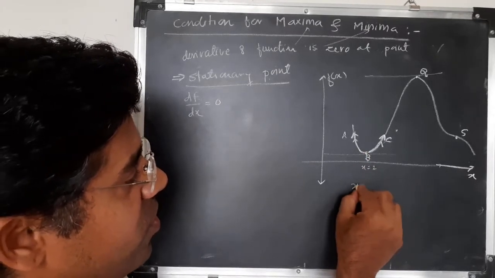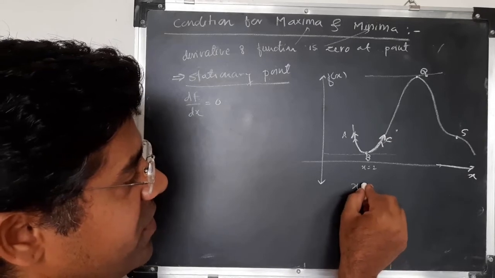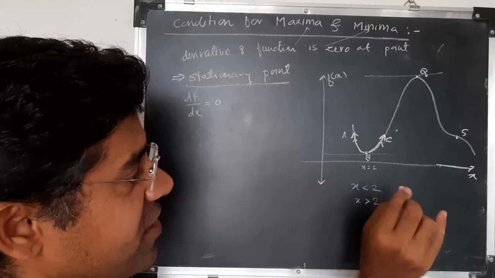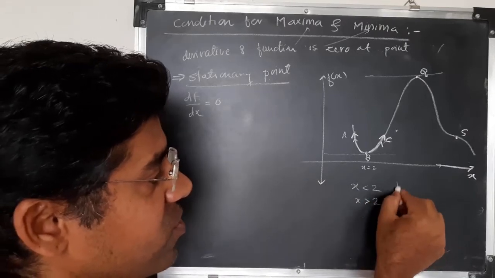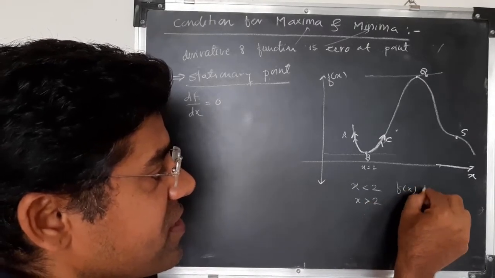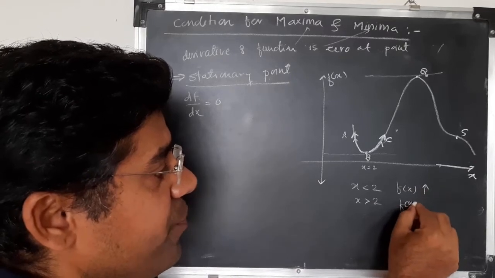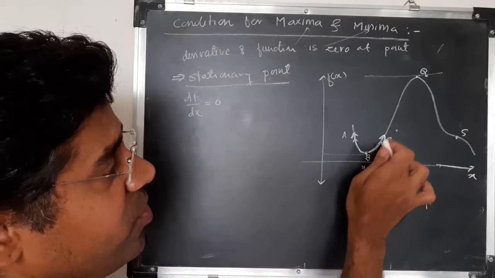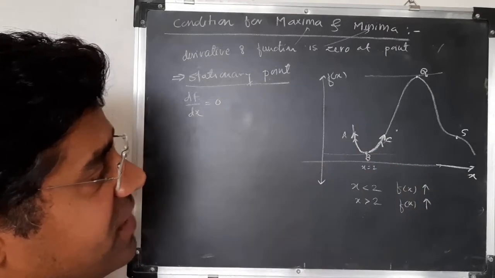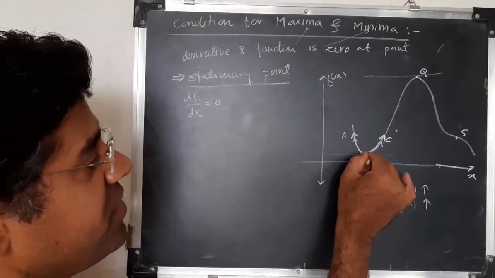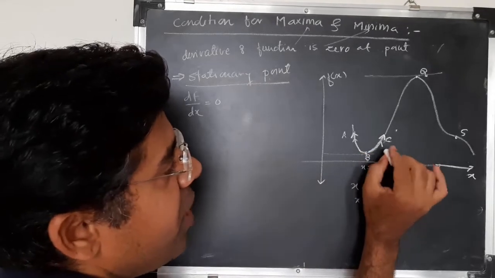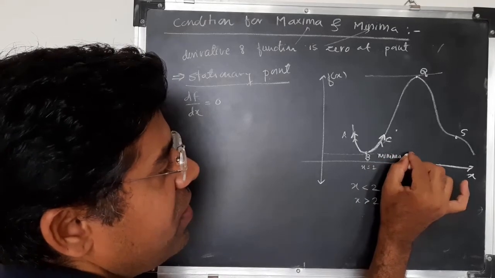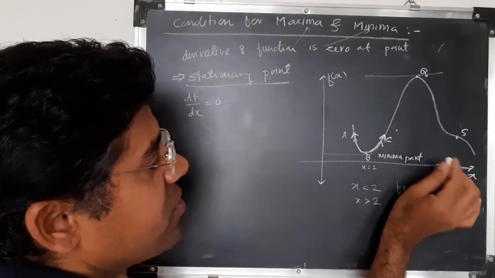If x is less than 2, the function also increases. If x is greater than 2, f(x) also increases from point B. In both directions the function increases. Such a point is called a minima point. So point B is called your minima.